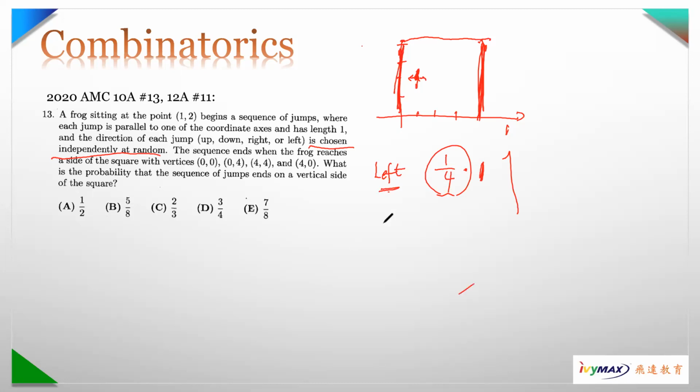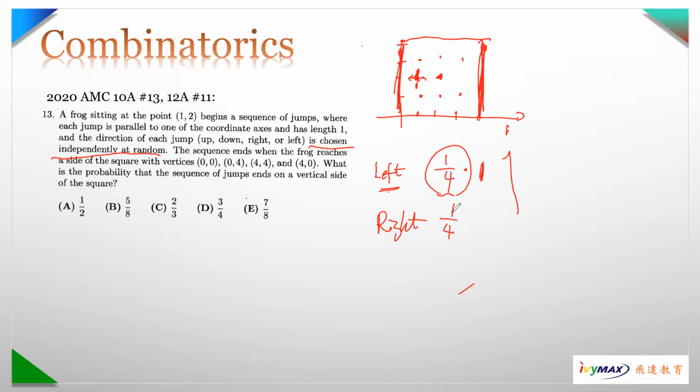For the other case, if you go to the right, we just go to the center. If you mark it off on the grid, if you go to the center, think about it being located in the center. Also, this is a 1/4 chance to go to the right.